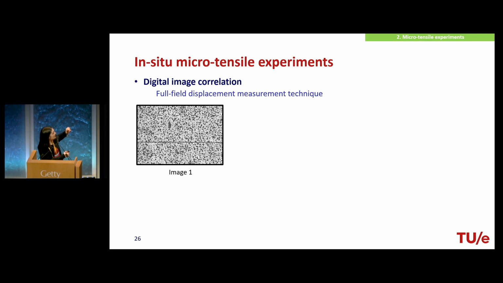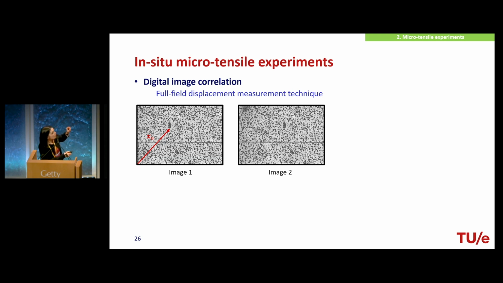So suppose that we have this image. We track the position of each pixel. So this is the position of a pixel in the undeformed configuration. You see also why the patterning is important, because with this pattern, we can recognize the position in the images. So next, we take the image after the deformation, and in this case, you see that the original pixel has moved to a second point, and the distance between these 2 points is actually the displacement field.